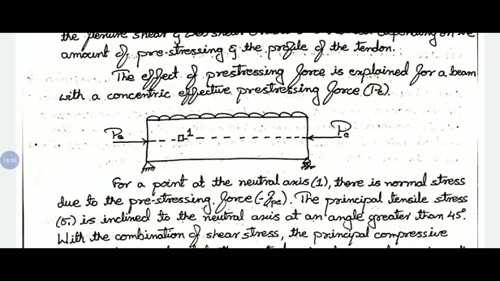The principal compressive stress sigma 2 is inclined to the neutral axis at an angle much smaller than 45 degrees. Obviously the principal tensile and principal compressive stresses are perpendicular to each other. When the principal tensile stress is inclined at more than 45 degrees, the compressive stress will be inclined at less than 45 degrees. As the angle with respect to sigma 1 increases, the angle with respect to sigma 2 decreases.